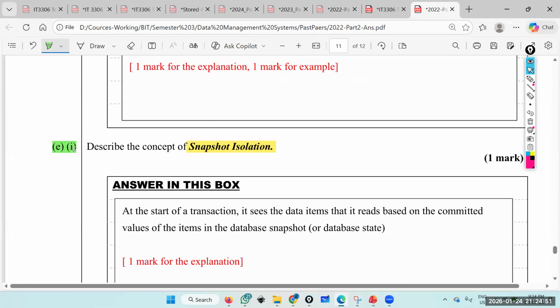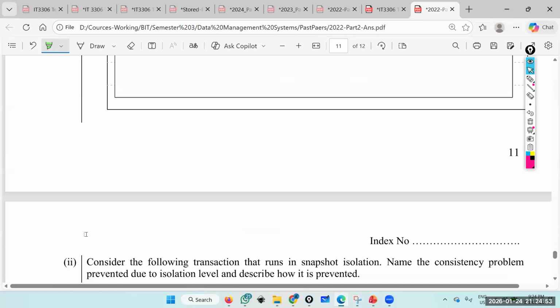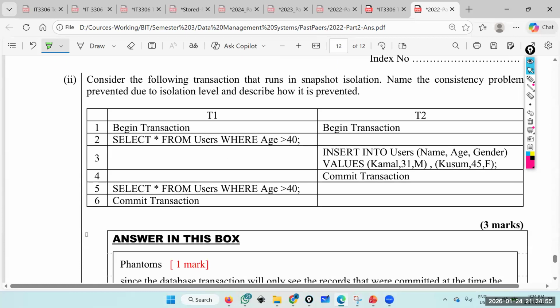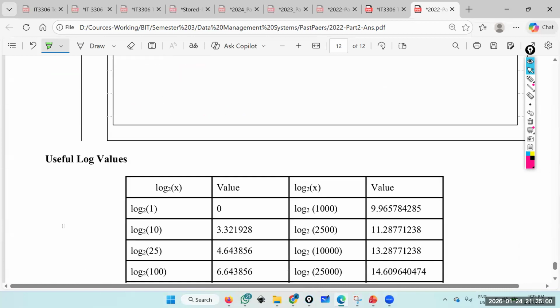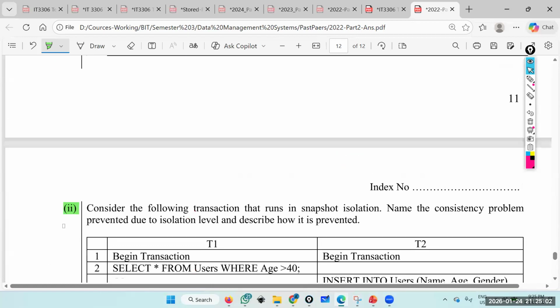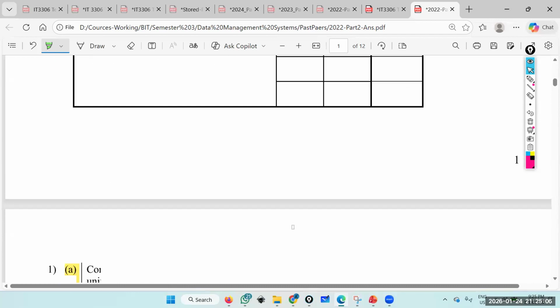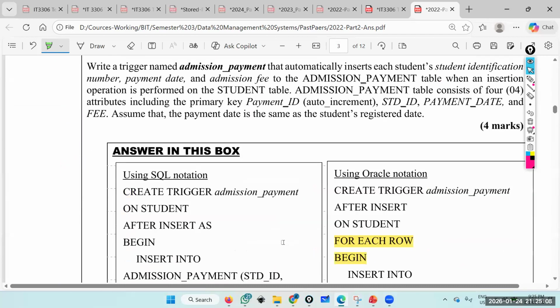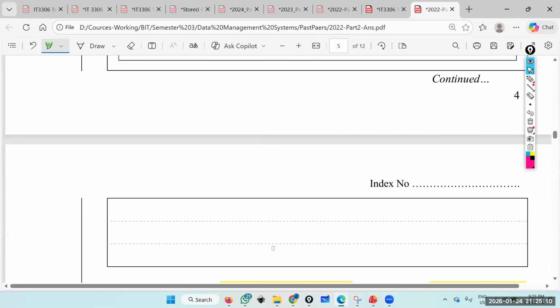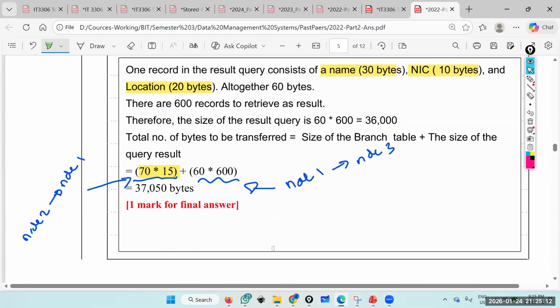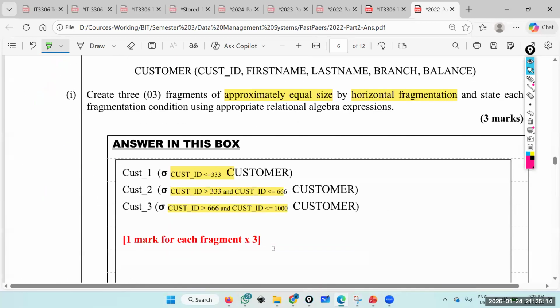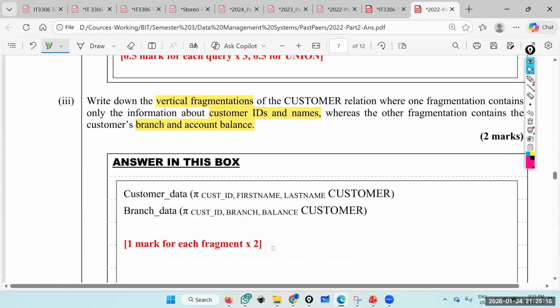They have asked even about snapshot isolation. Right, so we can do this.